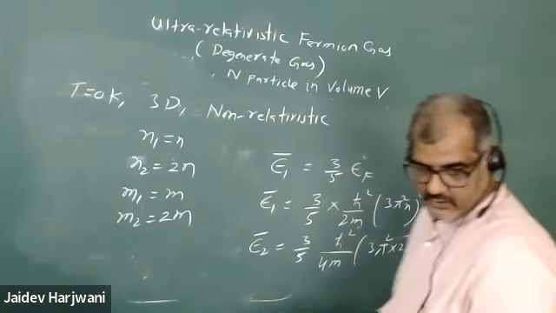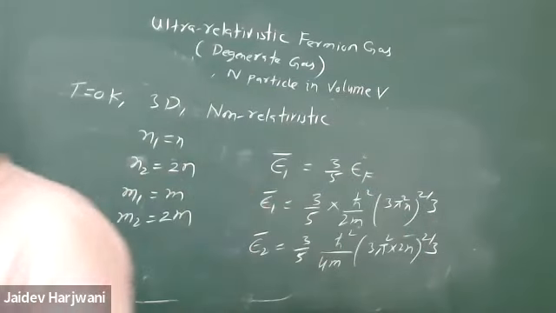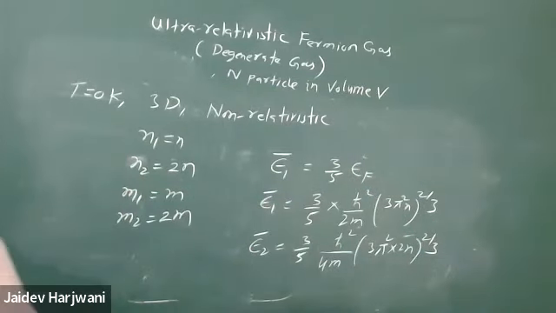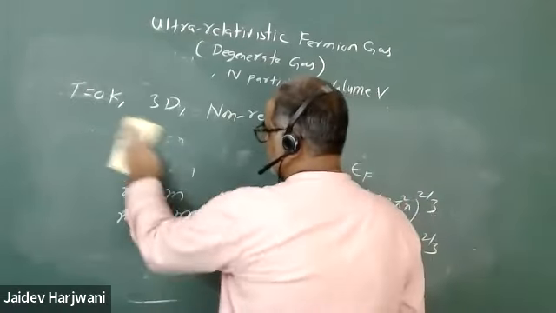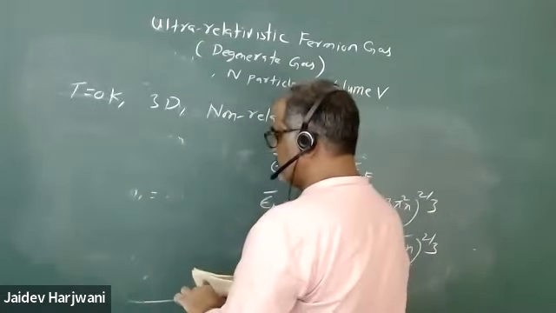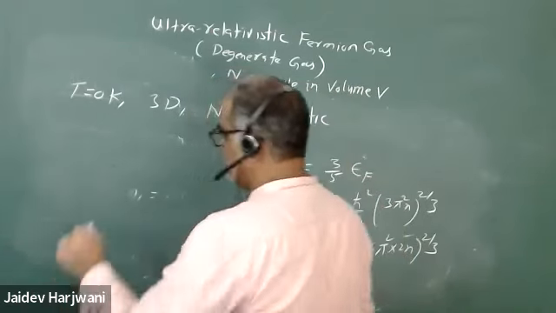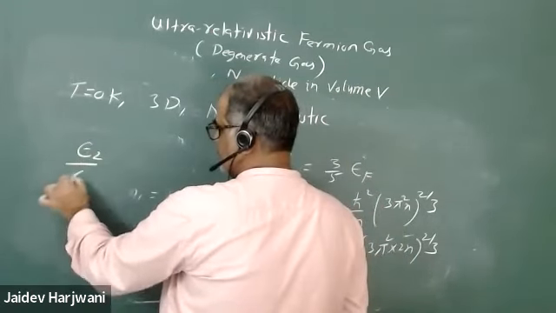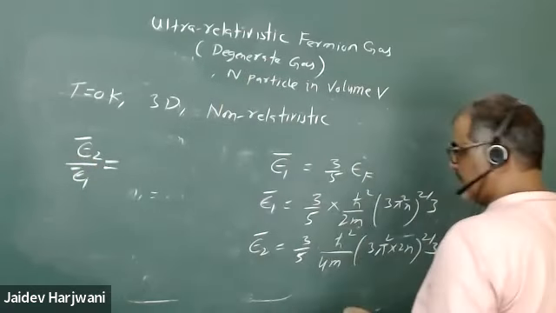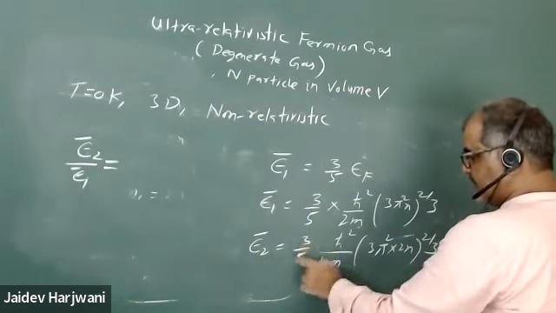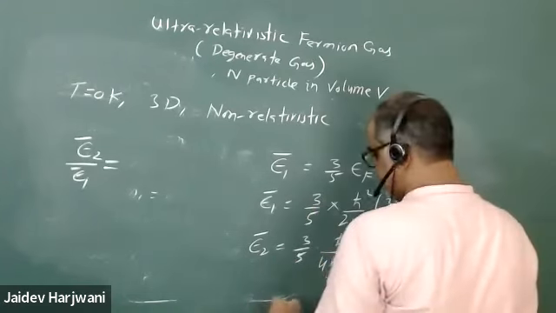Okay, now find out the ratio. क्या आना चाहिए? Okay, so if I calculate now the ratio E2 by E1, so E2 is, ये तो कैंसिल हो जाएगा, 3/5, ये सब कैंसिल हो जाएगा ना.